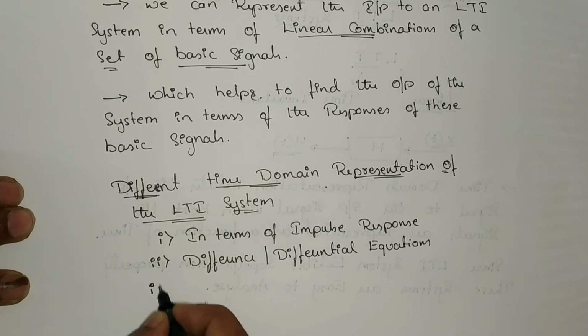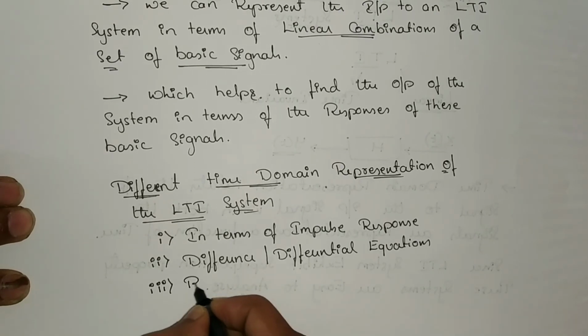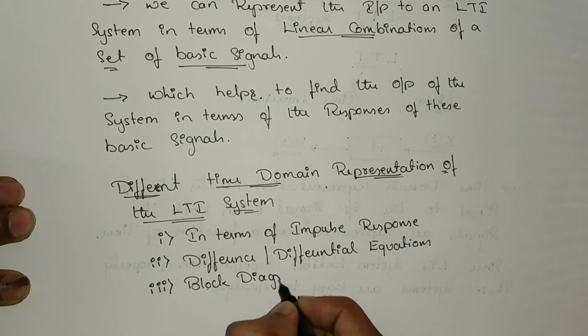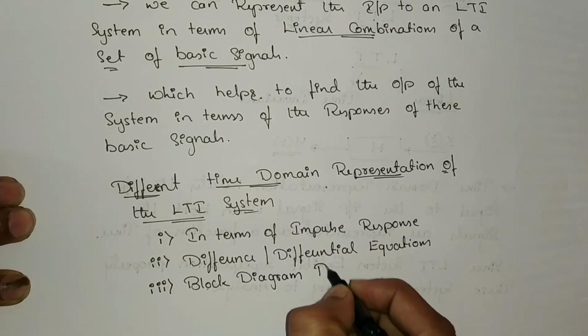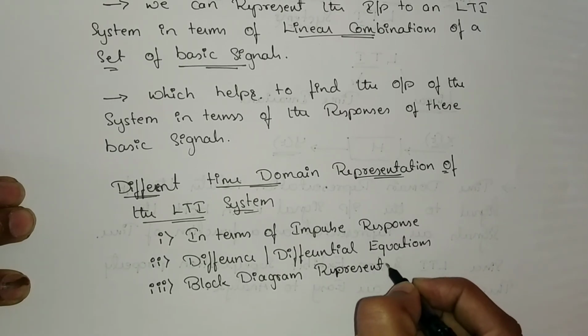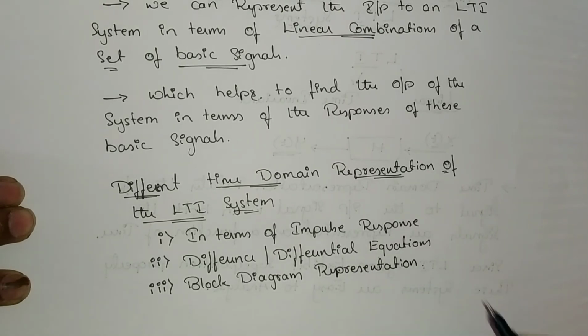And lastly, block diagram representation. The three different time domain representations of LTI systems are in terms of impulse response, difference and differential equation, and lastly block diagram representation.